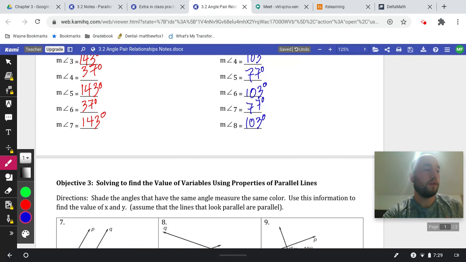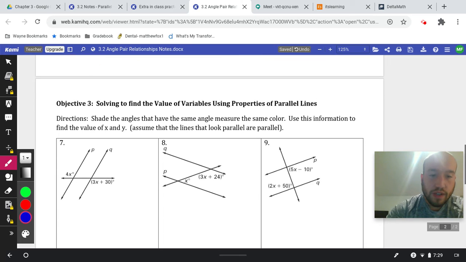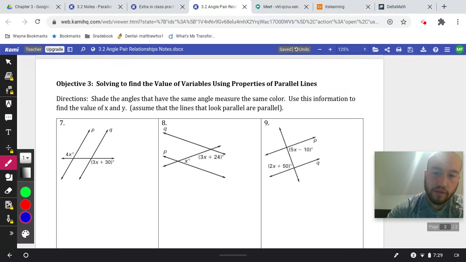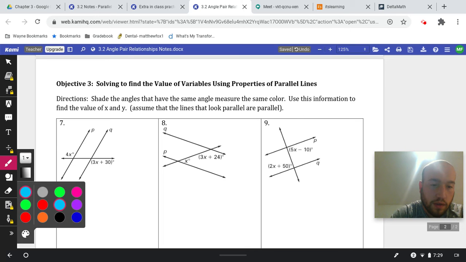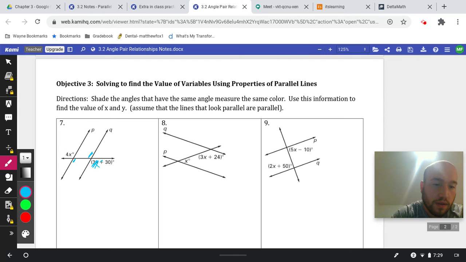Alright, so just like we did yesterday, we're going to fill in a little information. If it helps you, shade some coloring. On this first one, once again, it's up to you if you do this, but if it helps you, we can kind of shade this in. So this angle, this angle, this angle, and this angle are all the same.